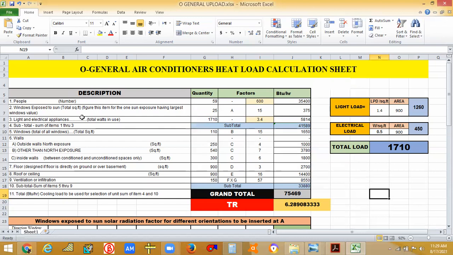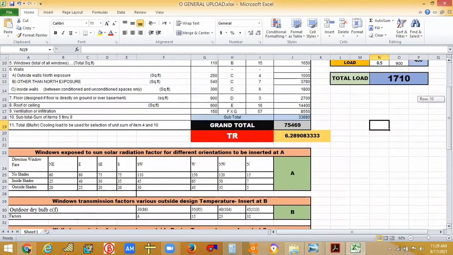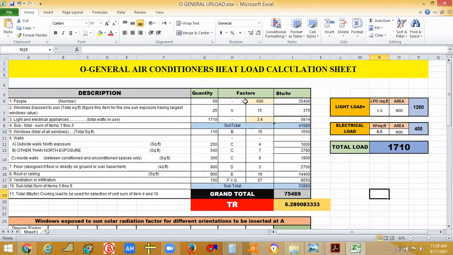Just know the description and give the input values according to what they have asked, and then give its quantity, give its factor. The factors you will be getting directly from the sheet itself. Then automatically you will be getting BTU per hour, and this BTU per hour will be converted to ton of refrigeration, and the light load you can calculate from this side.